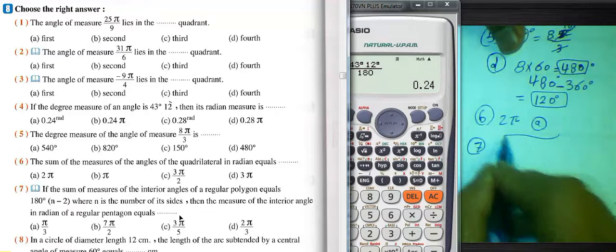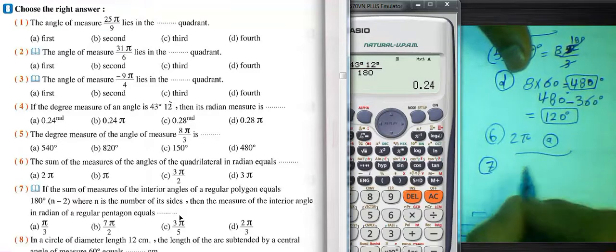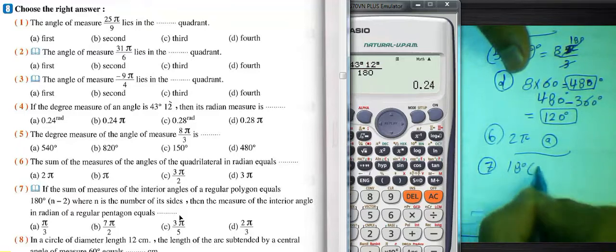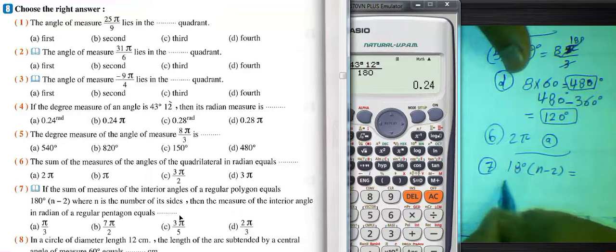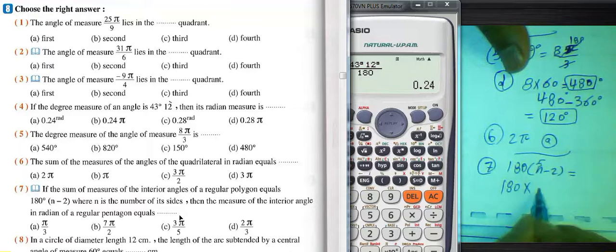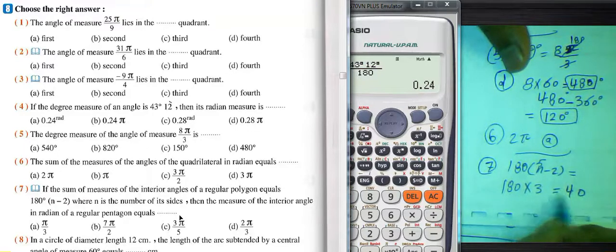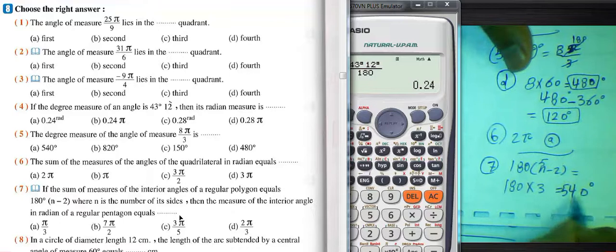The sum of measure of interior angle of a pentagon we can find by this relation, 180 multiplied by n minus 2, n refers to number of sides. 180 multiplied by 5 minus 2 equals 3, so 3 times 180 equals 540 degrees.